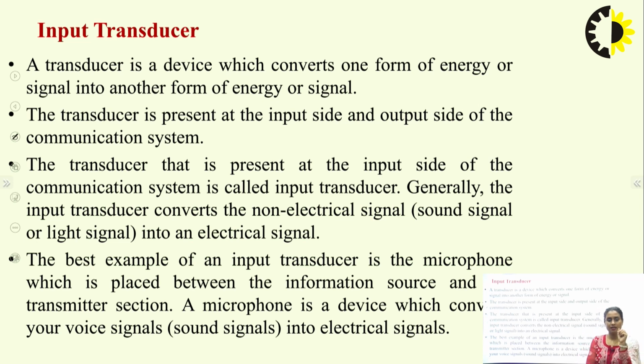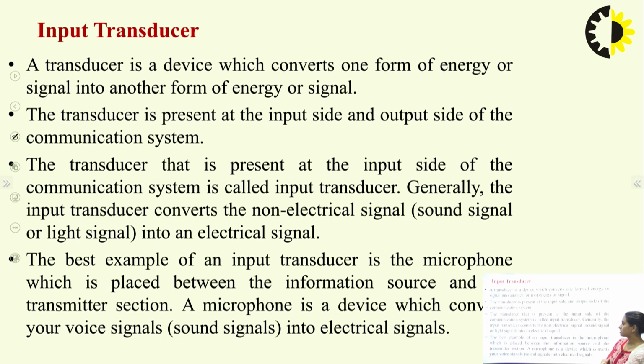If at input your message is converted from form A to form B, the job of the output transducer will be to reconvert it from form B back to form A, that is, into the original form. The transducer present at the input side of the communication system is called the input transducer.